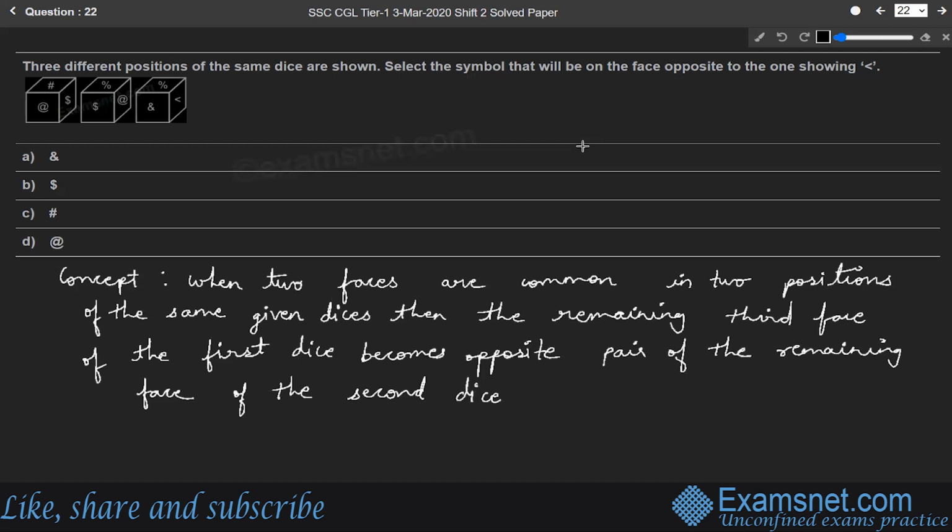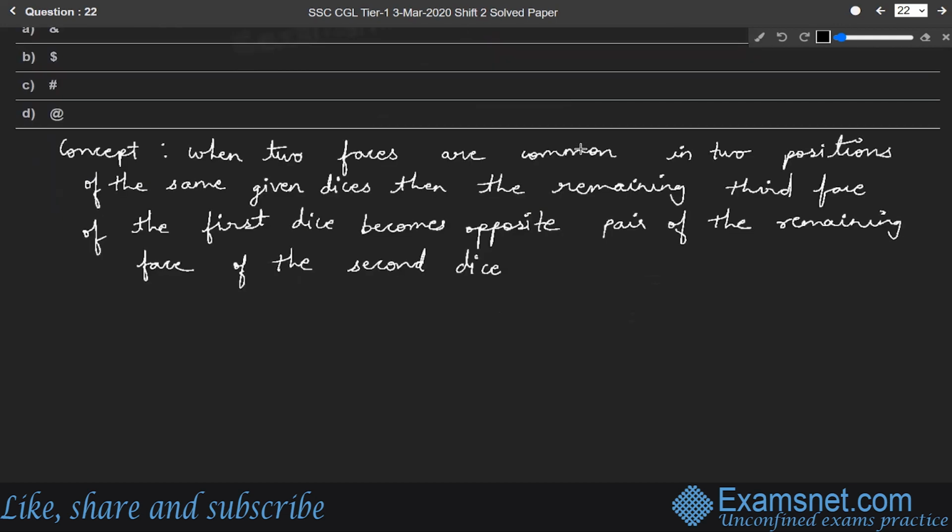This is the first concept that we have to use here. Now, talking about the second concept.